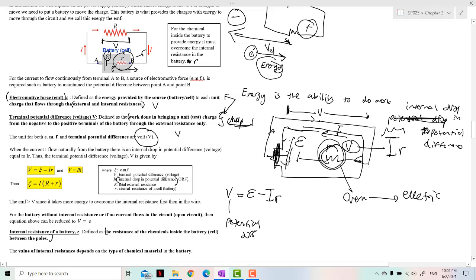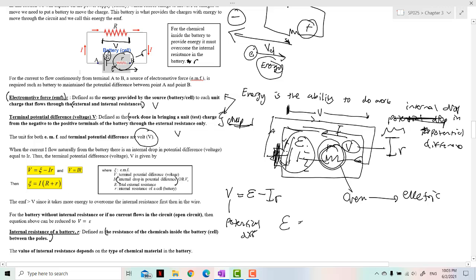For the positive and negative terminals to have that potential difference, it must equal the EMF minus our internal drop. Not plus, it is minus, because when the current goes through the internal resistance, we know that resistance slows down current, so it must be minus.